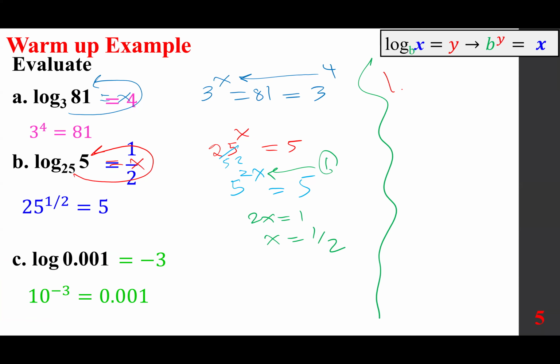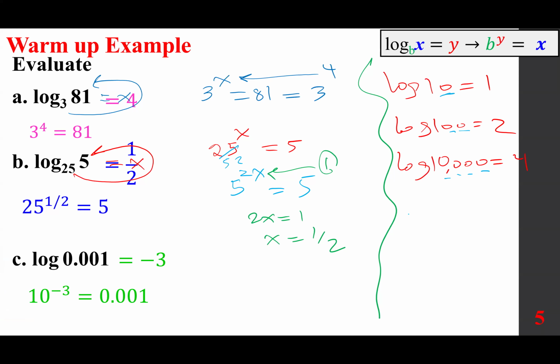And I want to remind you of powers of 10. So log 10 is 1. Log 100 must be 2. Log 10,000 must be 4. So take a look: 1 zero, 2 zeros, 4 zeros.